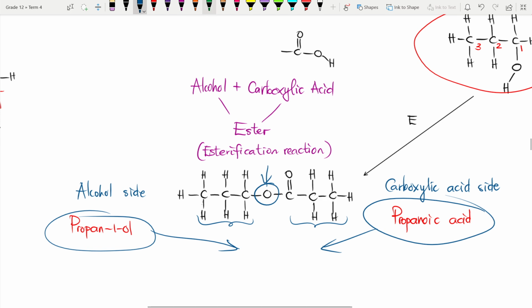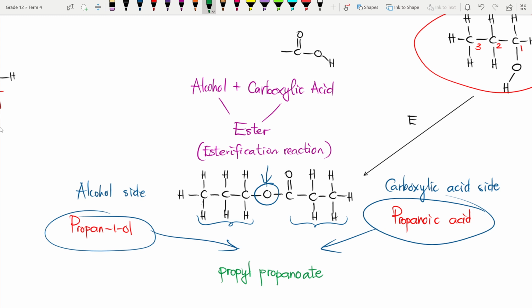So this becomes, and once again, you go back and revise these things. The alcohol part becomes propyl. That's what we do to it. We put a YL and then we put a space, and then the carboxylic acid part becomes propanoate.